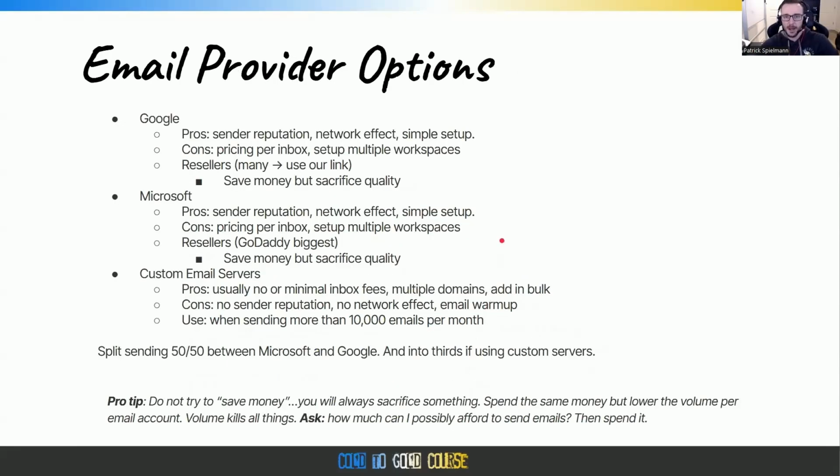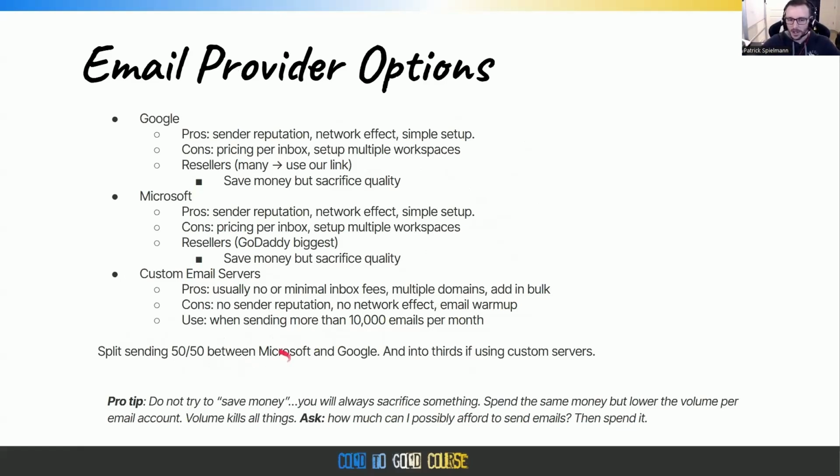In terms of email provider options, there's three main ways you can set up your email infrastructure. You've got Google, you've got Microsoft, and then you have custom email servers. For the sake of simplicity, it's usually best to set up a 50-50 mix between Microsoft and Google. This is a broad stroke statement, since I don't know who you're targeting in terms of leads.